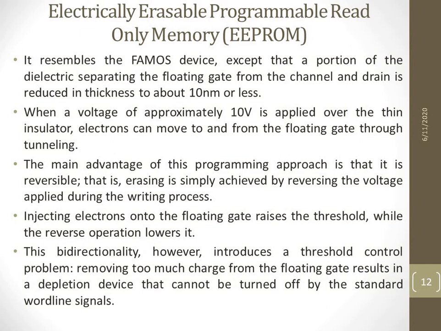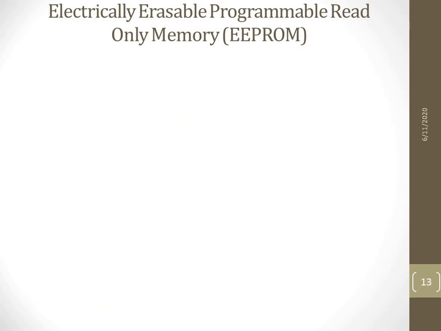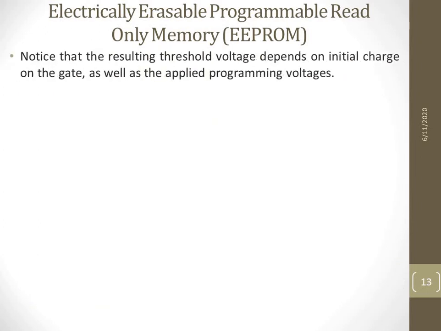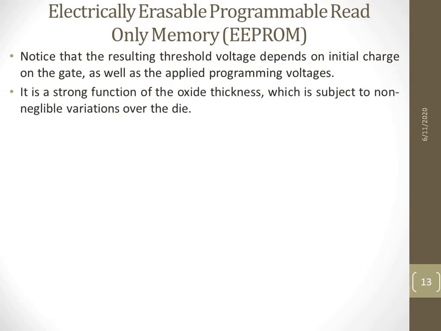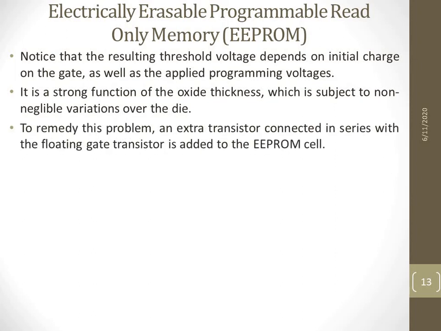Removing too much charge from the floating gate results in a depletion device that cannot be turned off by the standard word line signals. So notice that the resulting threshold voltage depends on the initial charge on the gate as well as the applied programming voltages. It is a strong function of the oxide thickness, which is subject to non-negligible variations over the die.